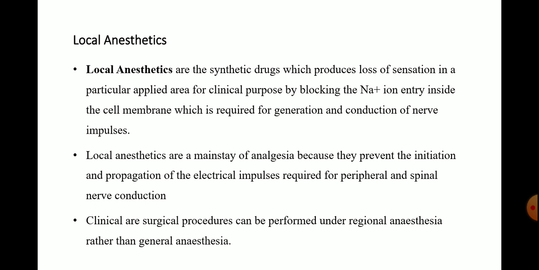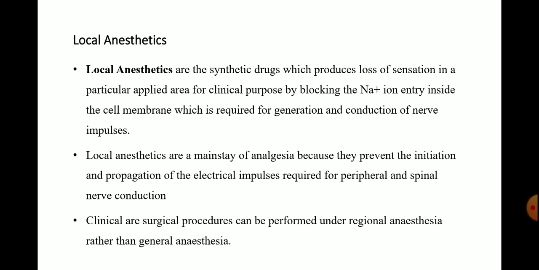Local anesthetics are synthetic drugs which produce loss of sensation in a particular applied area for clinical purposes by blocking sodium ion entry inside the cell membrane, which is required for the generation and conduction of nerve impulses. Local anesthetics are the mainstay of analgesia because they prevent the initiation and propagation of the electrical impulse required for peripheral and spinal nerve conduction.